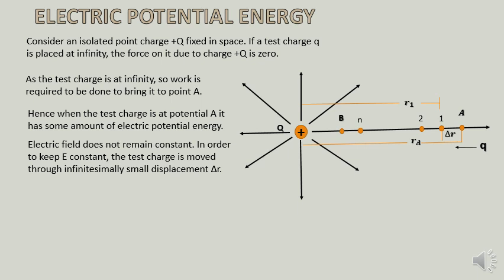In order to keep E constant, the test charge is moved through an infinitesimally small displacement delta R. If we would like to make E constant, then we divide the whole displacement from A to B into small patches: 1, 2, 3, 4, 5 up to n terms.